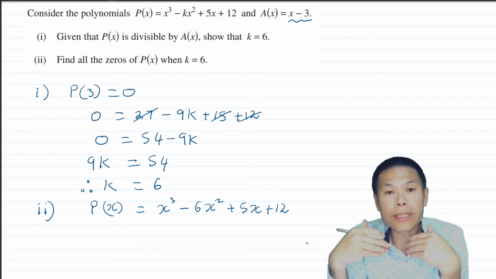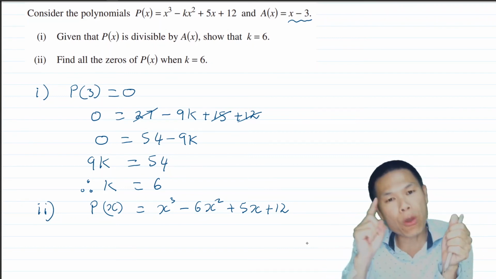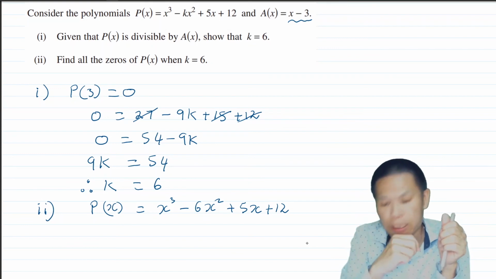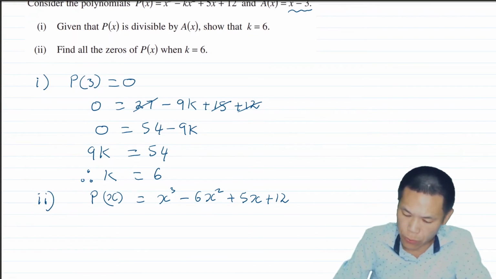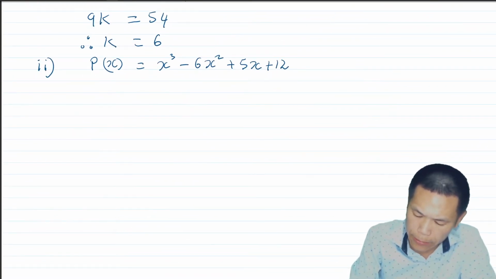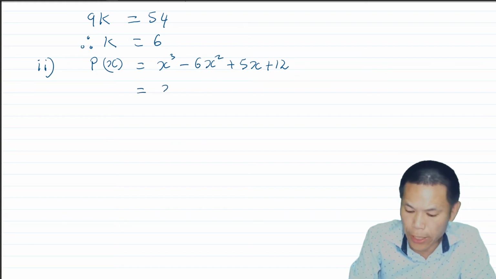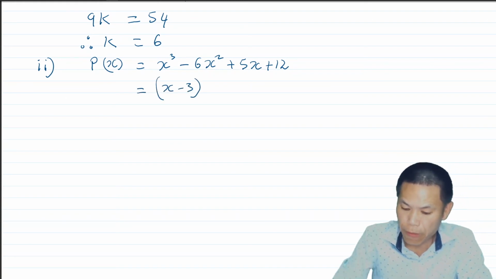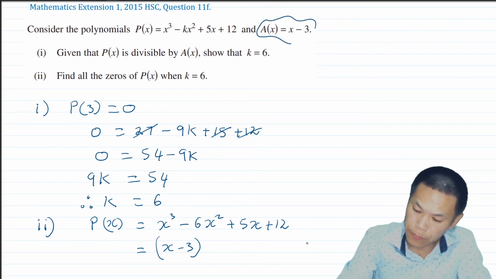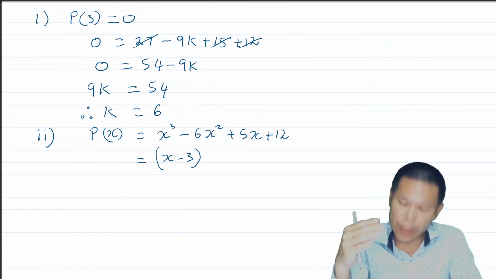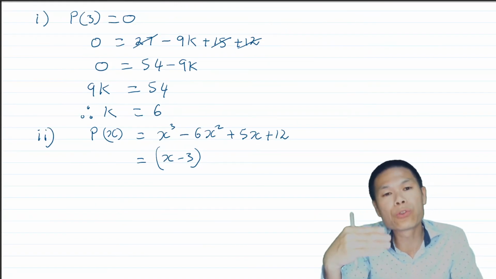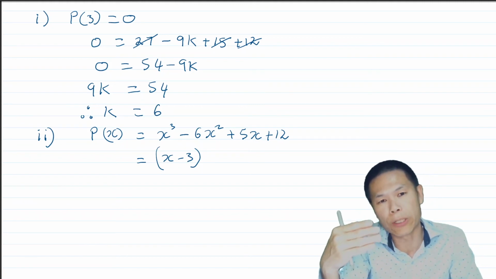So we need to find the zeros of p(x). So we already know one factor, that is x minus 3. So we just write this down. So we know that p(x) is equal to (x minus 3) times something. There you go. Then we use long division, p(x) divided by x minus 3.